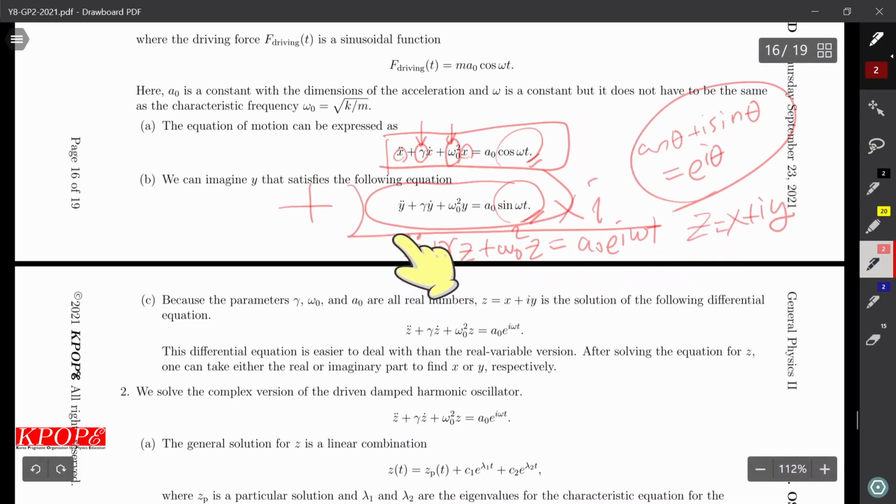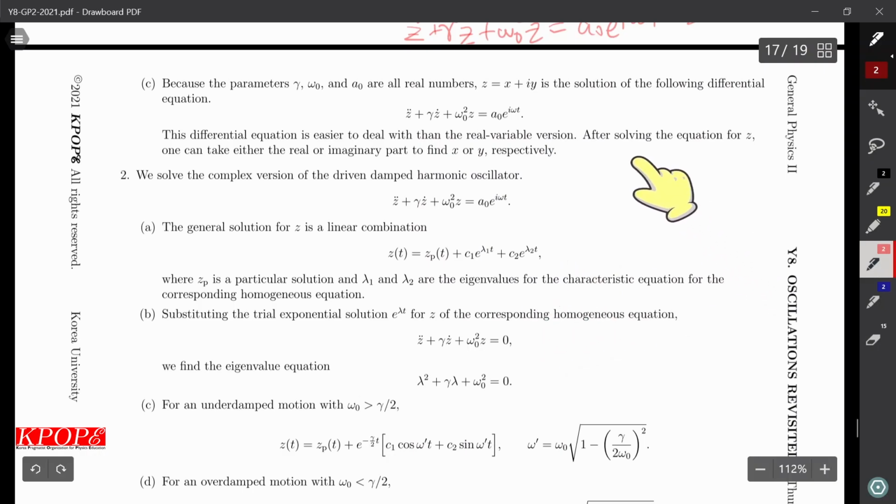Instead, we solve a very simple problem. The cosine and sine are different. However, we can solve this equation in a very simple way and project out the real part to find the solution for x. But sometimes we are asked to find the solution for the right-hand side sine omega t. Then you can just take the imaginary part instead of the real part of this equation.